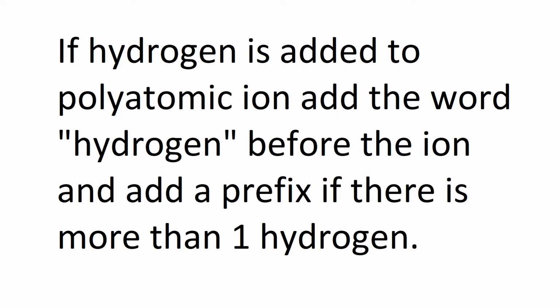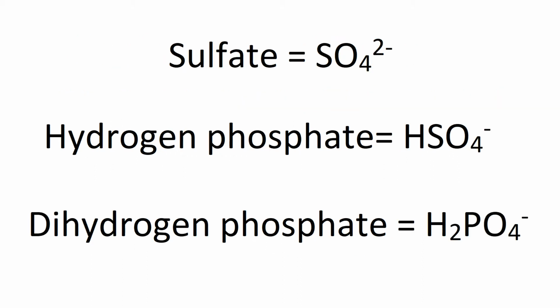Now what about hydrogen? If you add one hydrogen to a polyatomic ion, you add the word hydrogen before the ion name, and you add a prefix before hydrogen depending on how many hydrogens you add. For example, a polyatomic ion without hydrogen has no hydrogen in the name: sulfate equals SO4 2-.